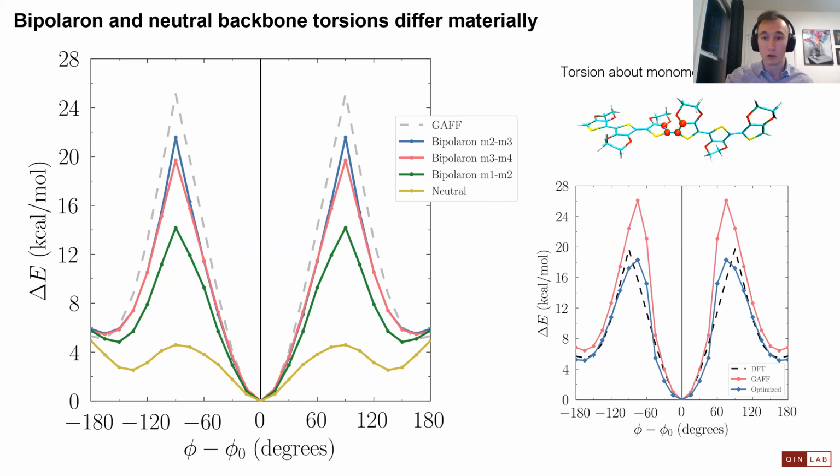And just for brevity, I'll only show one case here. This is for the middle M3, M4 dihedral. But we can see that our optimization definitely does a better job fitting the relative values, both of the local maximum here at around phi equals 90 or negative 90 degrees, and also the local minimum that is close to 180 degrees.